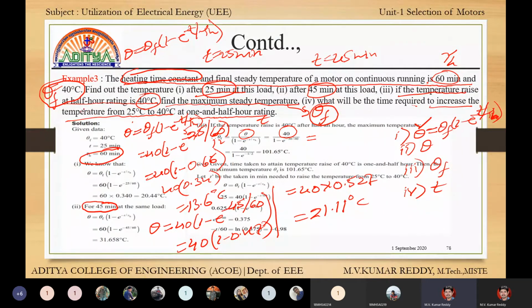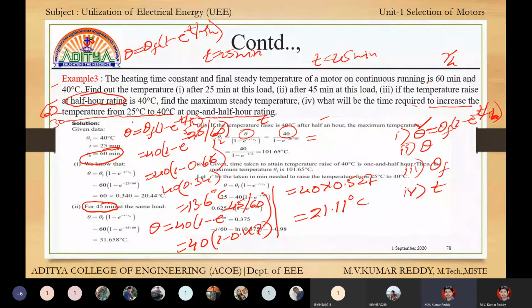The t value is a half hour rating. An hour means 60 minutes, so half hour means 30 minutes. Hence t is equal to 30 minutes.